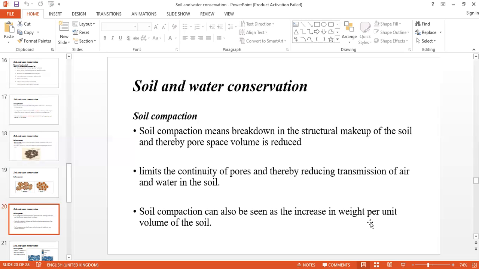So when we say compaction, we can also say that this is the increase in the weight per unit volume of soil, or simply, the increase in the bulk density of the soil.